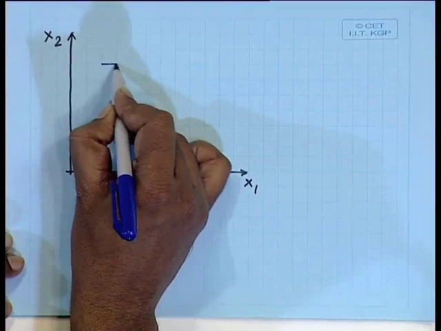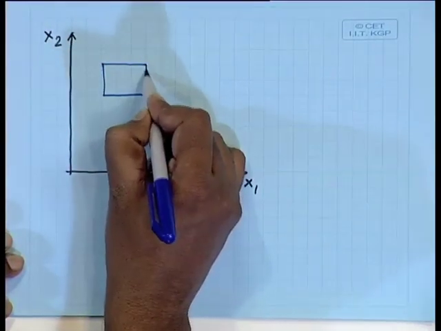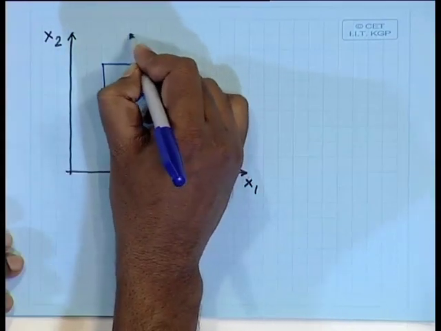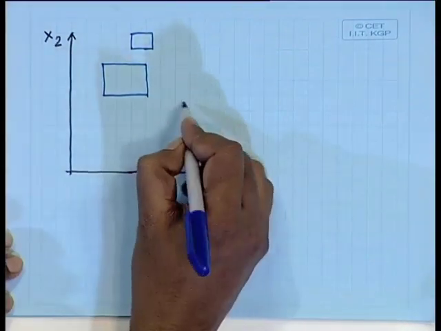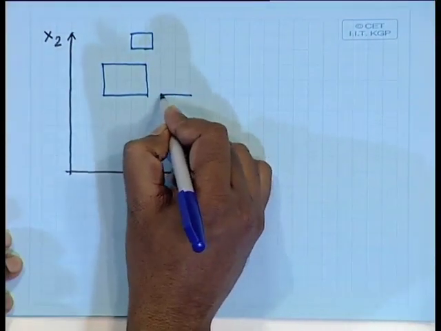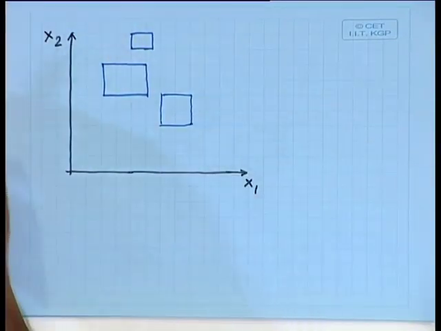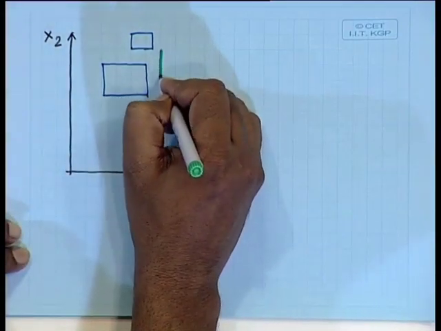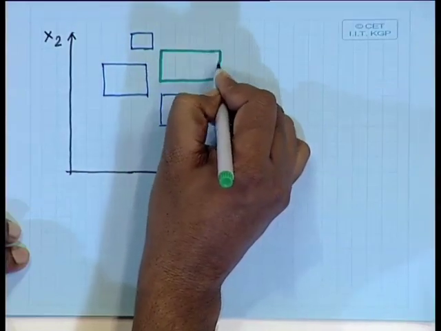Okay. So, suppose I have a situation something like this, that I have a hyperbox somewhere over here which belongs to class omega 1. I have another hyperbox somewhere over here which also belongs to class omega 1. I can have another hyperbox somewhere over here which also belongs to class omega 1, right. I can have a hyperbox over here which may belong to class omega 2.